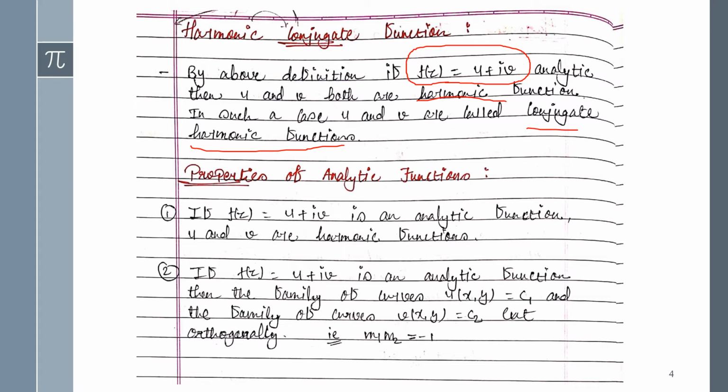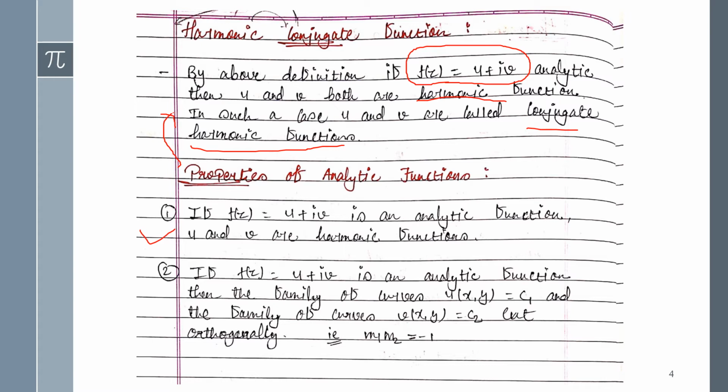And here it's given the properties of analytic functions. If f of z equals u plus iv is an analytic function, then u and v both are harmonic. This one we already did in the definition, right? And the second is, if f of z equals u plus iv is analytic, then the family of curves u of xy equals c1 and v of xy equals c2 cut orthogonally.